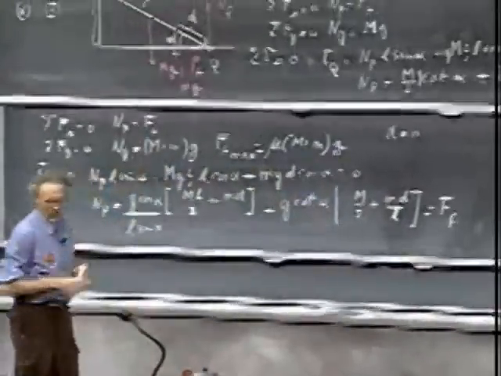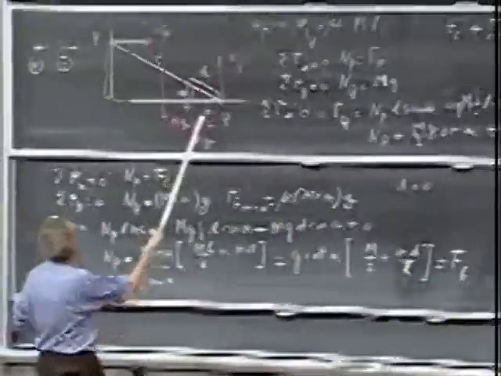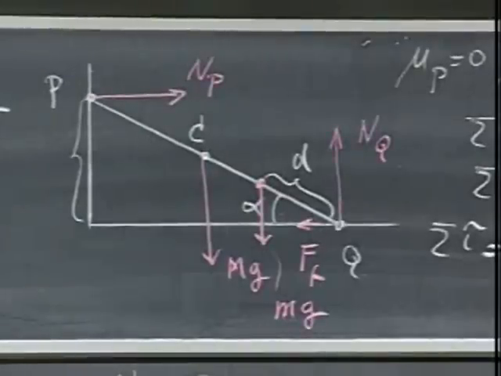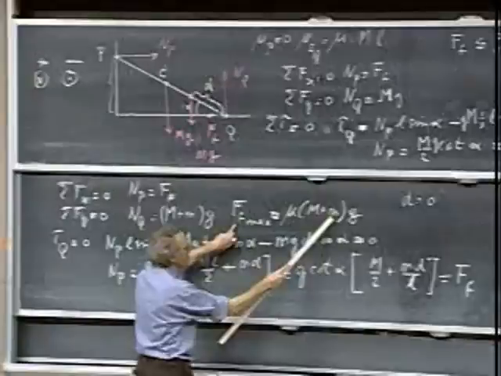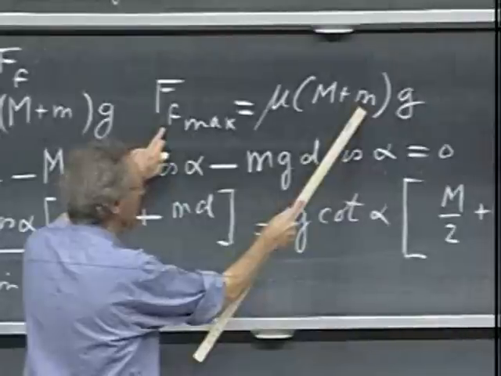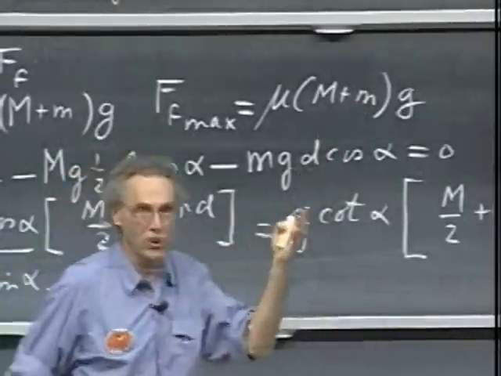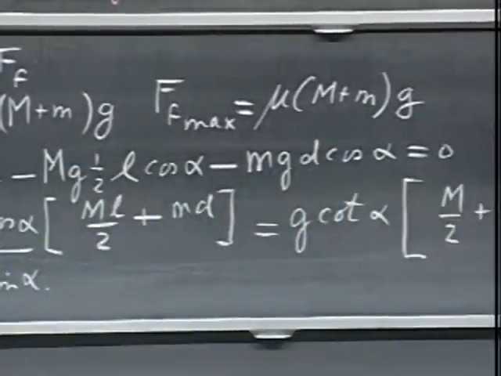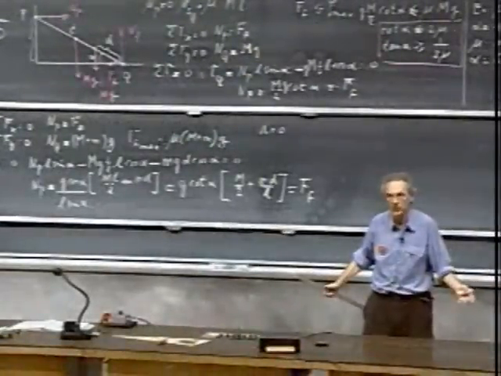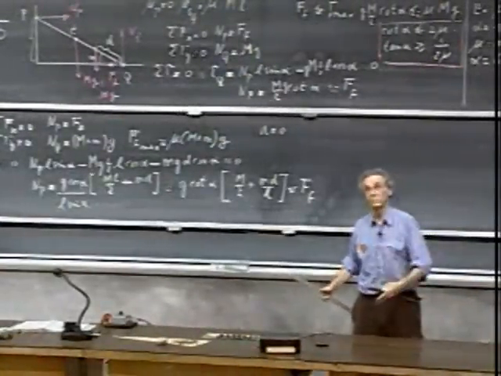That frictional force has not changed when d equals 0. But what has changed is the maximum friction. The maximum friction has this little m in it, and that's independent of d. There is no d anywhere here. So if the maximum friction goes up, and the friction itself remains the same, clearly the ladder has become more stable. And so you can step on the lowest rung and nothing will happen.